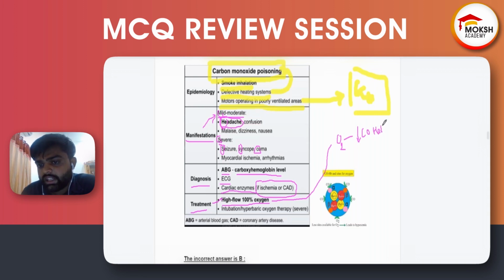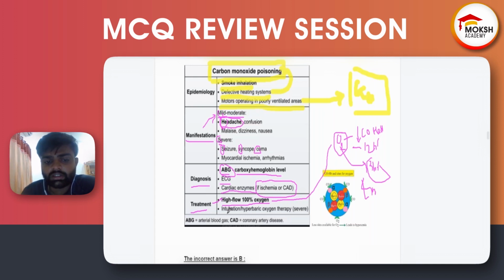If we don't give 100% oxygen, the carbon monoxide half-life is 12 hours, but if we give 100% oxygen, it's reduced to 3 hours. After giving oxygen, we measure at 4 hours. Again we measure ABG, and we can give intubation or hyperbaric oxygen therapy.